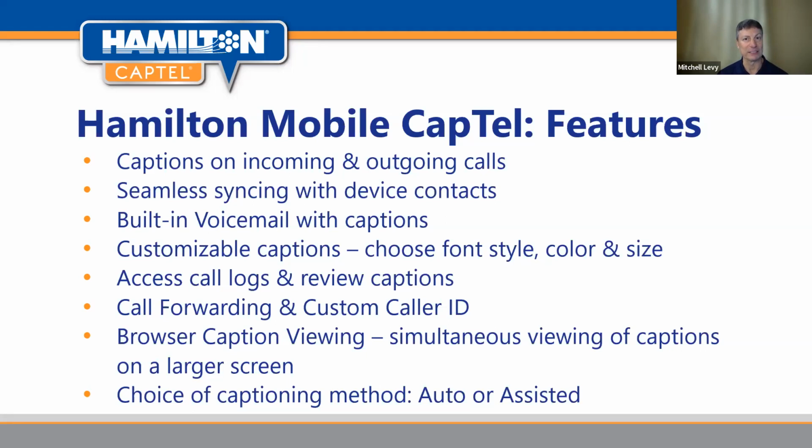Whatever contacts you have on your iPhone, you can use from there. We have built-in voicemail with captions. Customizable captions, which allow you to choose your font style, color, size, and background color. And access to the call log and review of captions.